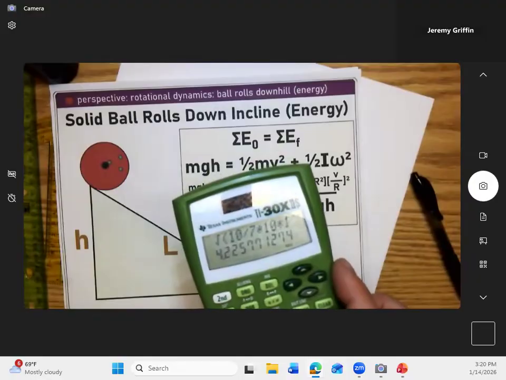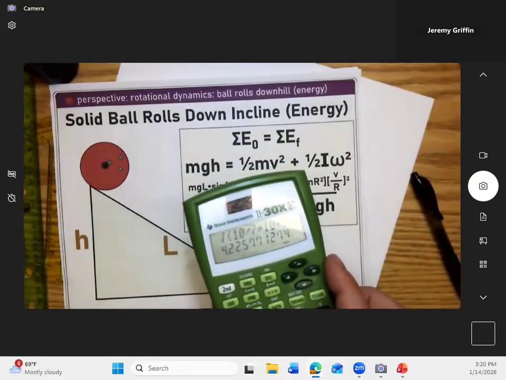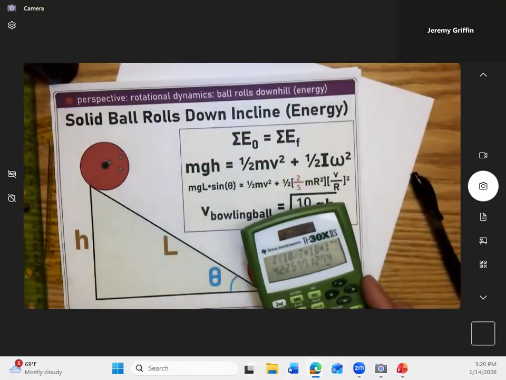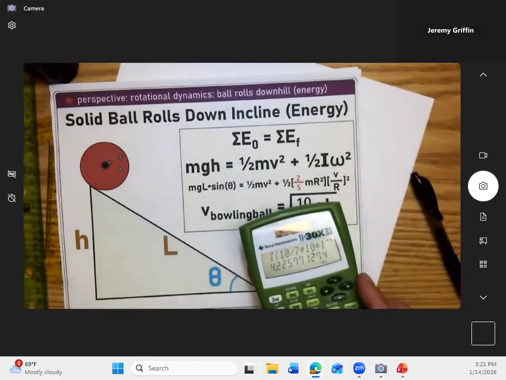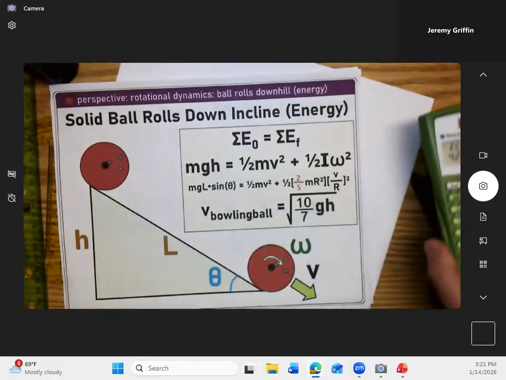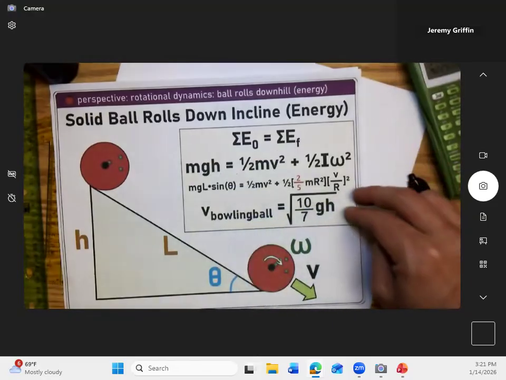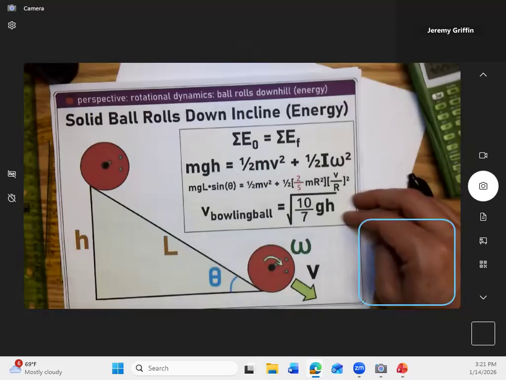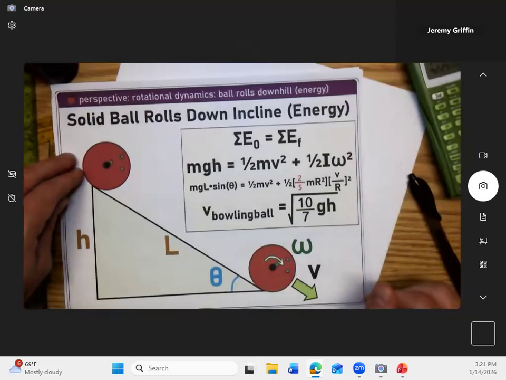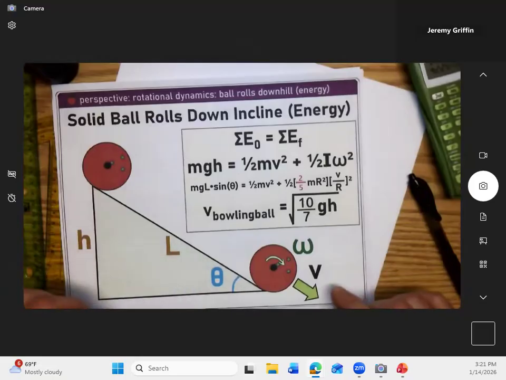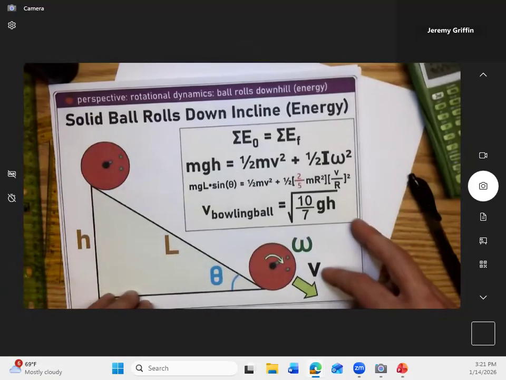So to solve the speed of any solid ball, it's just square root 10 over 7 gh. Guys, this solution is particular to this scenario. If you have a solid ball that's rolling on an inclined plane, then this linear speed will always be this. So this could be true for a marble or a bowling ball.